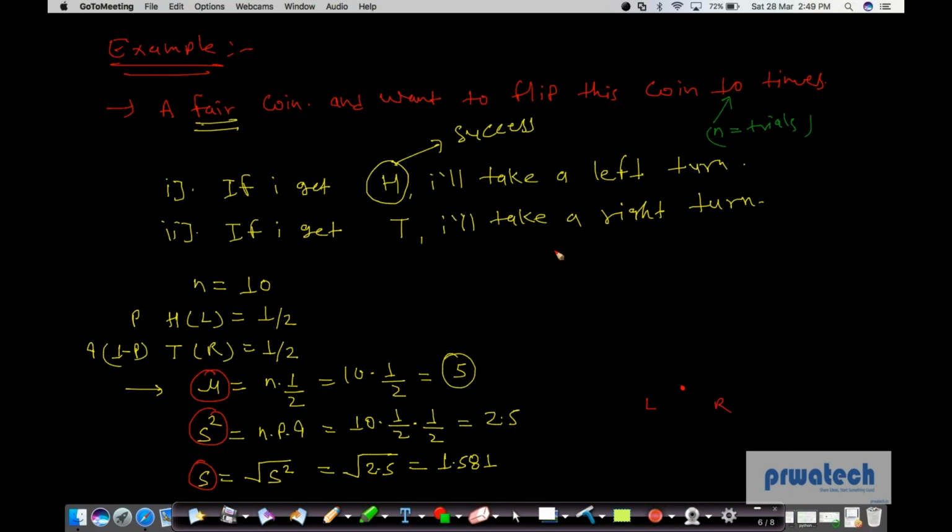So if I get 2 times head in all 10 trials, so I flipped my coin 10 times and I get 2 times head and 8 times tail, this is my number of outcomes after flipping the coin 10 times. I have collected all these values, whether I'm getting head or tail.